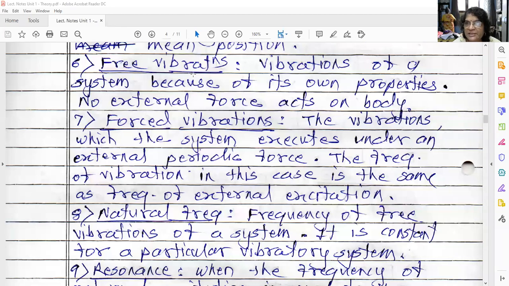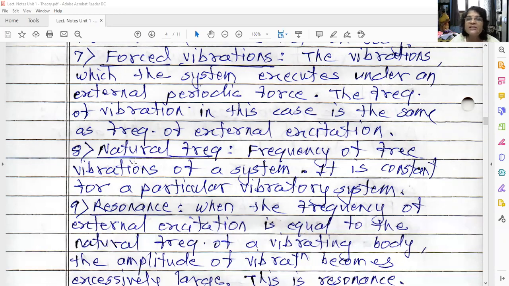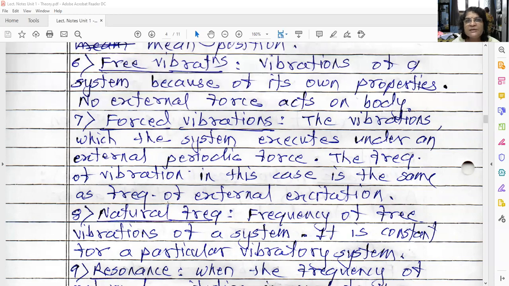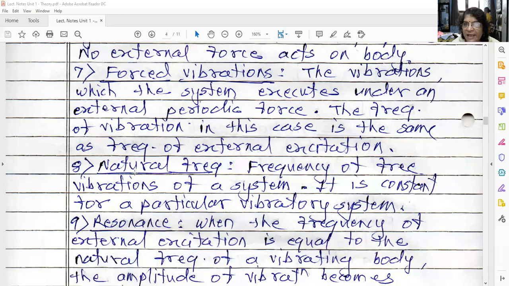So omega n is the natural frequency and omega is the external excitation frequency, which comes into the picture only in forced vibration. Now, natural frequency. Okay, so it is the frequency of a free vibration of a system, and it is constant for a particular vibratory system.